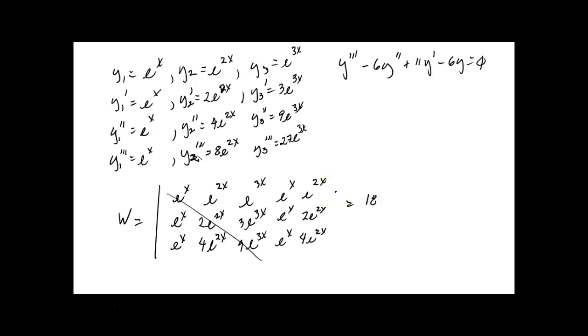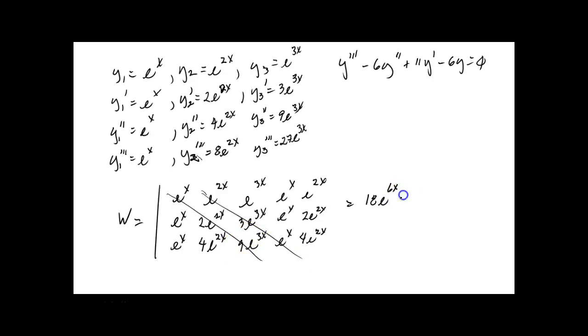Now, that's the numerical part. And when I multiply those together, I add together my exponents, right? So that'd be e to the 6x, right? Then I'll do this down diagonal, okay?